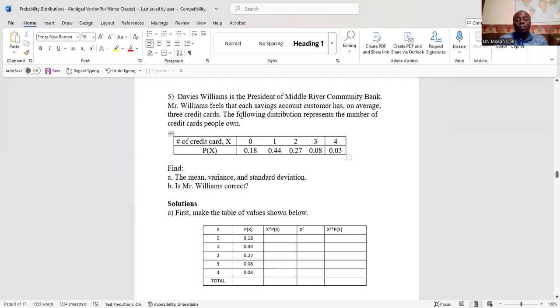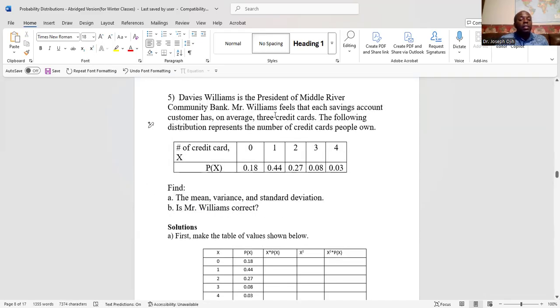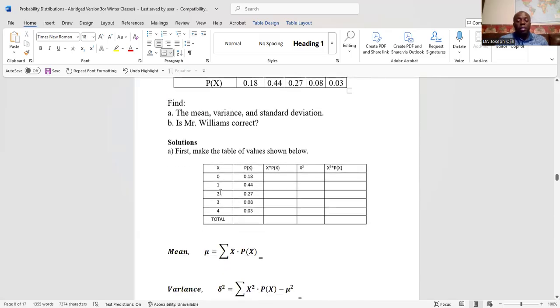He's claiming that each savings account customer has on average 3 credit cards. That was his claim. So he says, A, find the mean, variance, and standard deviation. B, is Mr. Williams correct in his claim?